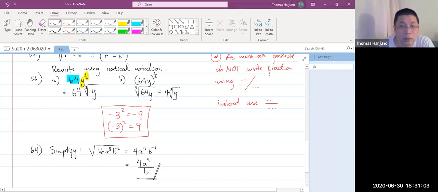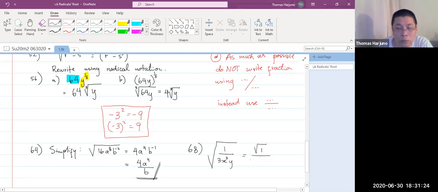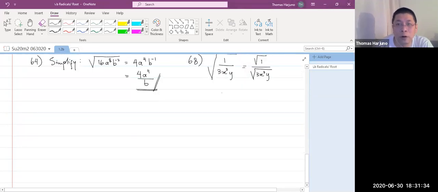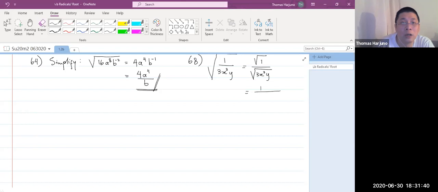So I will rewrite that as 4a to the 4th over b. Okay, number 68. How about the square root of 1 over 3x cubed y? Now, the square root of a quotient is equal to the quotient of square roots, which becomes 1 on the top, and at the bottom you have x squared.